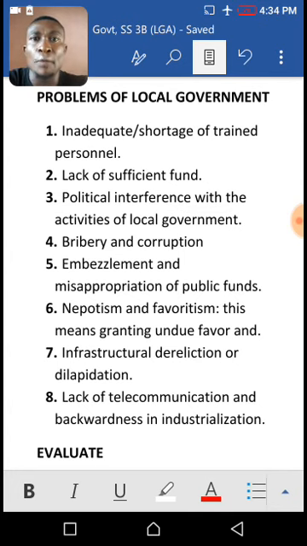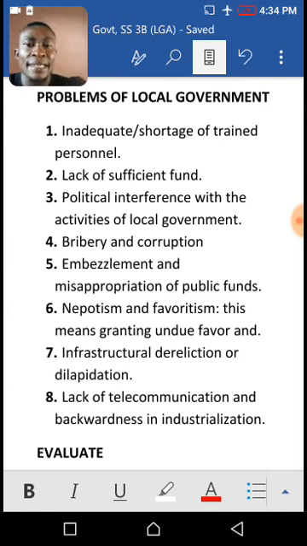They don't have the appropriate scientific provision to be connected to the internet in order to have a link with the central and the state government, and they don't have the appropriate device to store or receive information, and as such they are backward in technology. So this is a problem to local government administration.